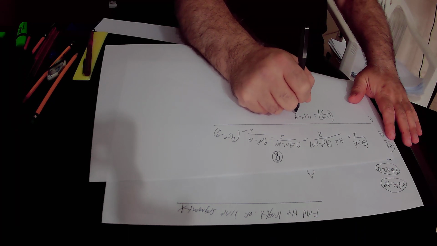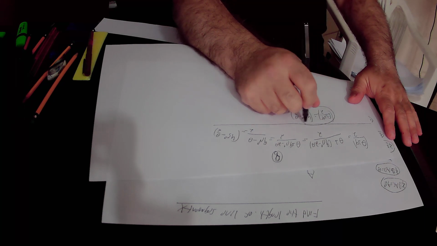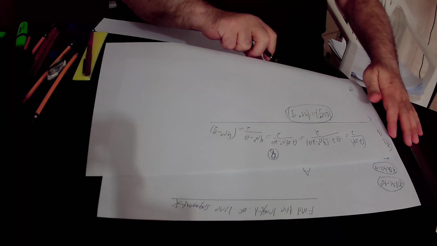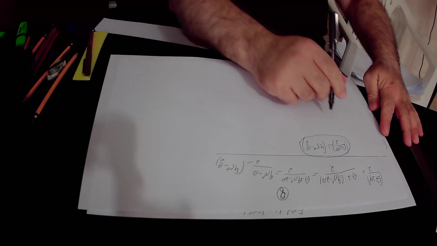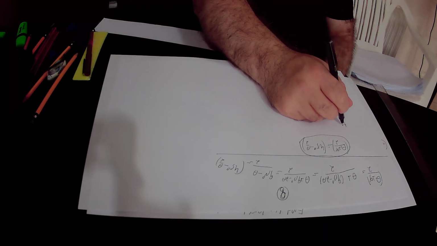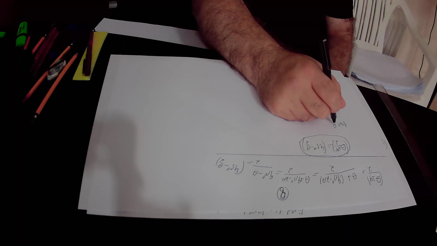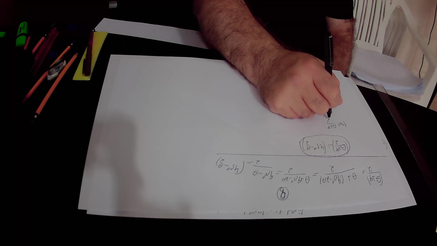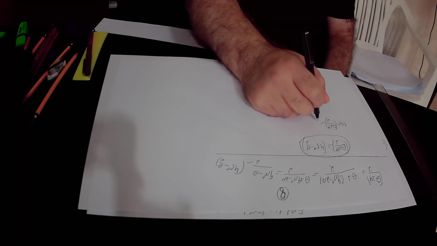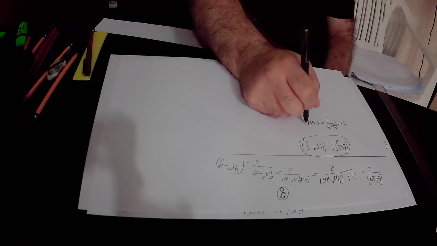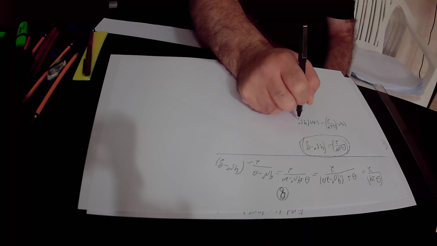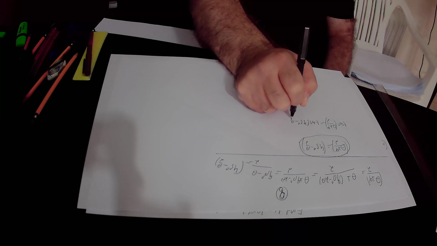So you already know if alpha equals beta, then tangent alpha will be equal to tangent beta. So here tangent theta plus alpha over 2 must be equal to tangent 45 degrees minus theta over 2.